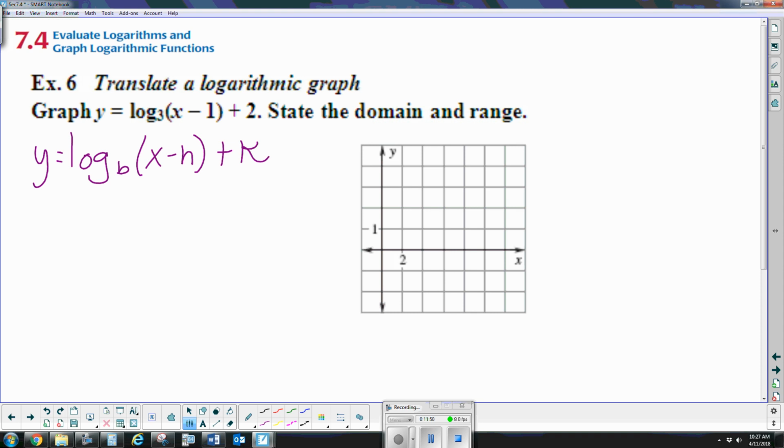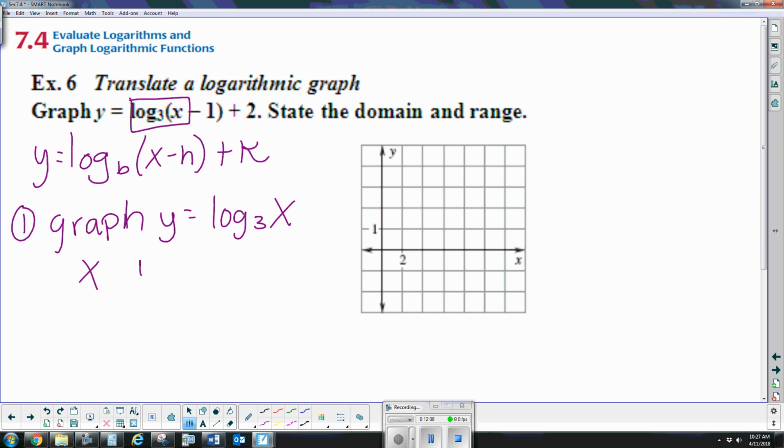So first, we're going to graph just this first part. Okay, so let's choose a few convenient points here. So again, we're always going to choose 1. We're going to choose the base, and the base squared is always a good one to pick as well. And then our y values are 0, 1, and 2.